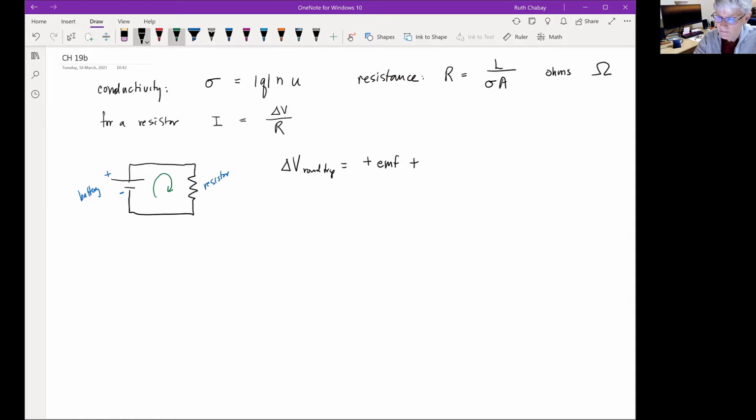Plus, we neglect the potential difference in the wires because the electric field there is so small compared to the field in the resistor. And so this is the potential difference in the battery. This is minus I times R, from this equation here, our delta V for the potential drop across the resistor. And that whole thing was equal to 0.